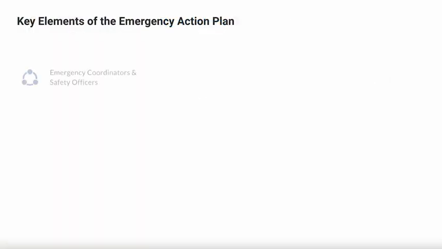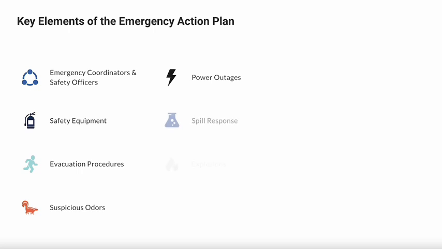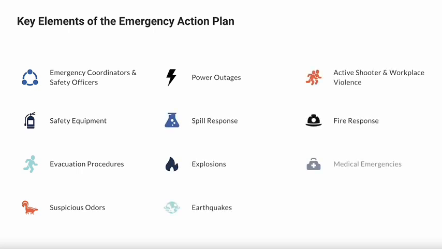In this training, we will cover various emergency scenarios and the appropriate response procedures. Emergency coordinators, safety officers, and employees will learn how to handle emergency situations, including the use of safety equipment, evacuation procedures, and response to suspicious odors, power outages, spills, explosions, earthquakes, active shooter and workplace violence, fire, and medical emergencies.